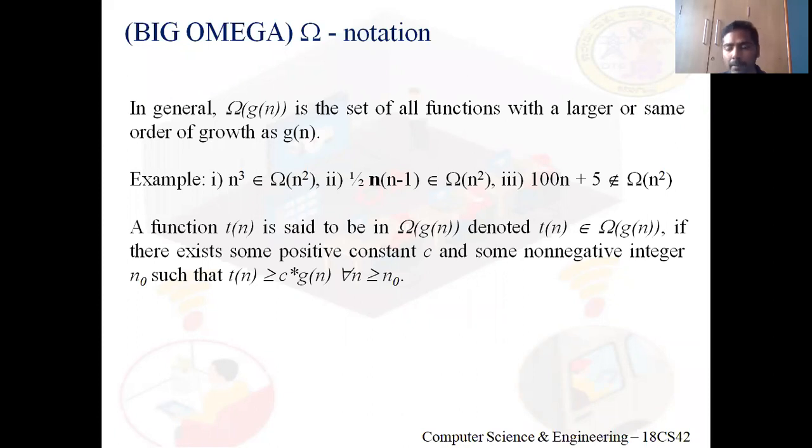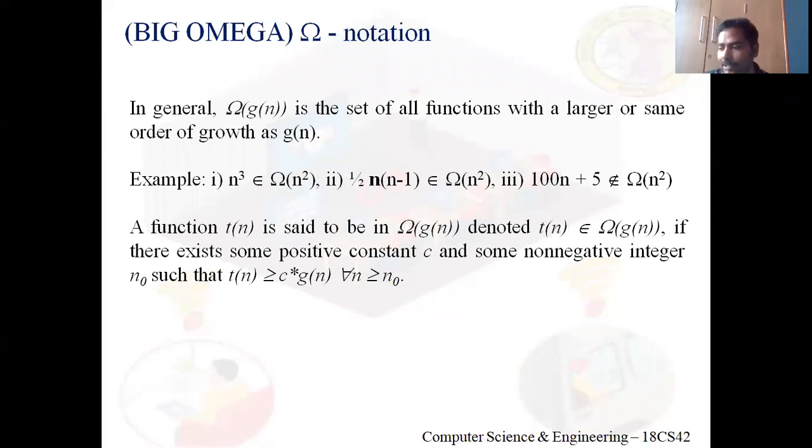Now if you are asked whether some other function belongs to omega of cubic and quadratic, I can say the function belongs to the set. In a set there are two functions, quadratic and cubic.